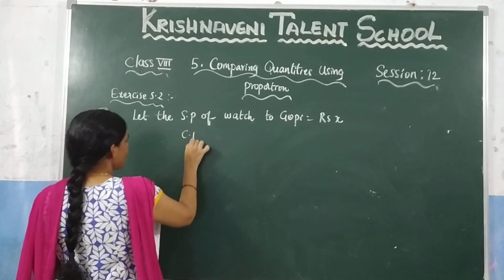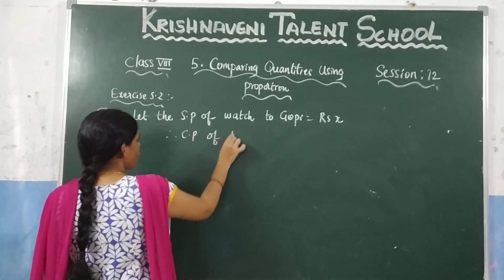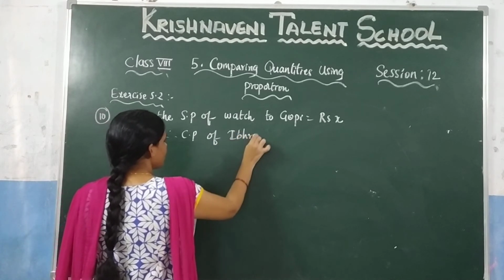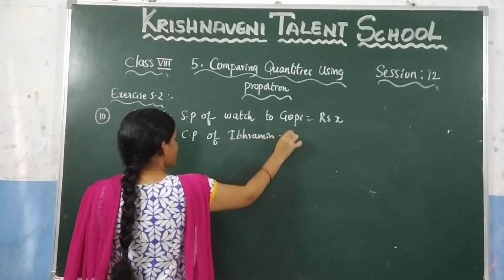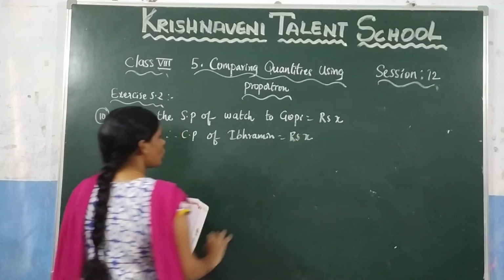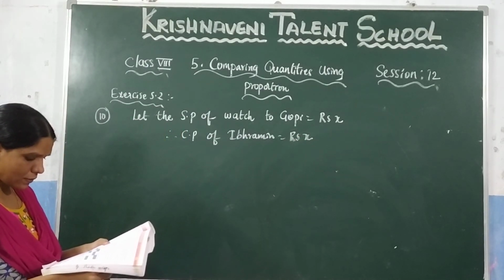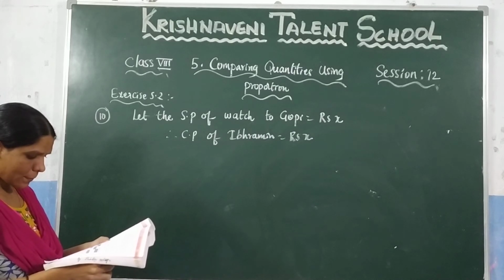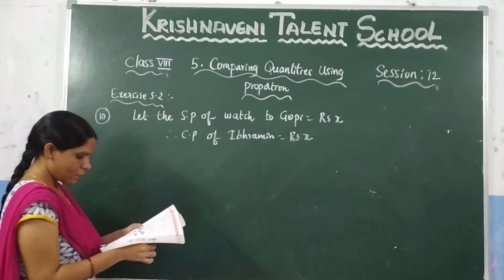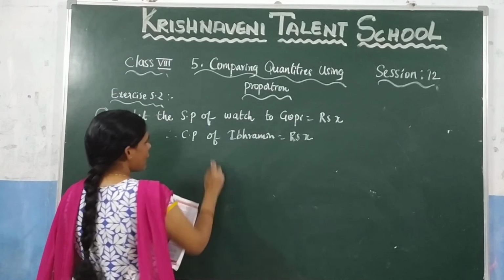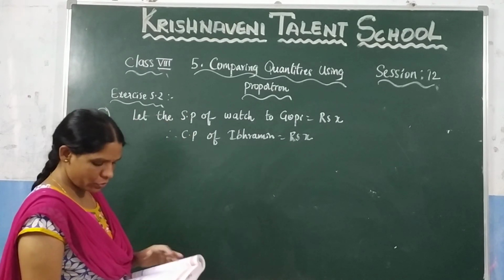So write it here: therefore, the cost price of Ibrahim is equal to rupees X. So what is the gain they have given here? They have given the gain as 12% according to the question. Now you need to take it here.